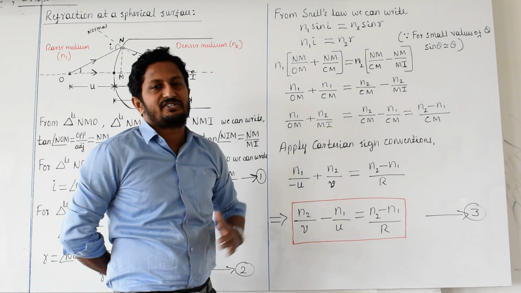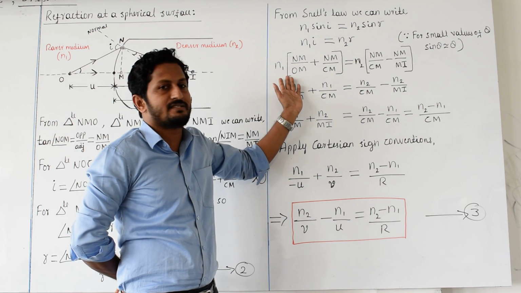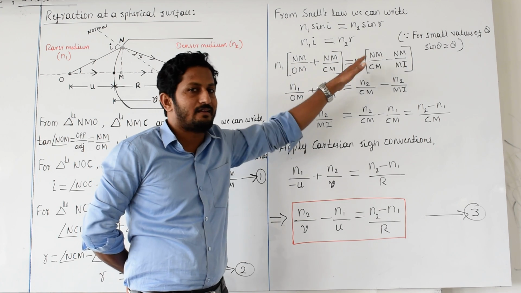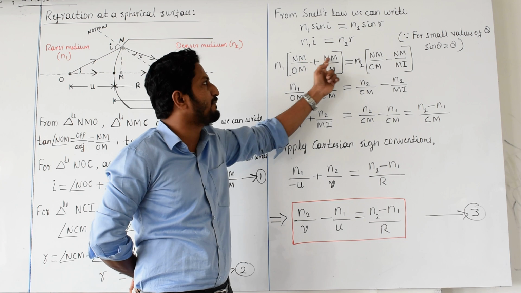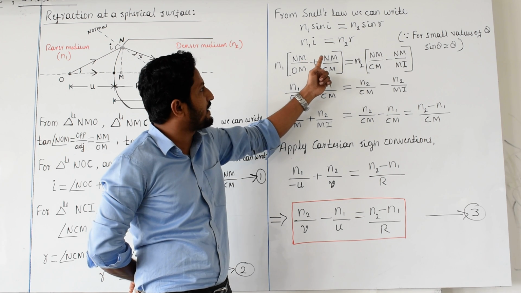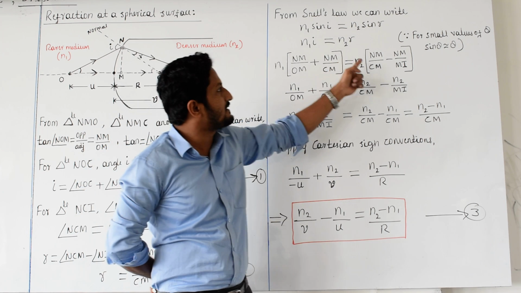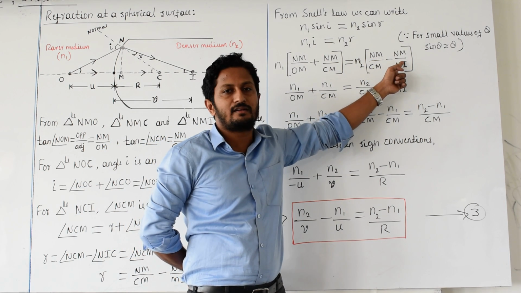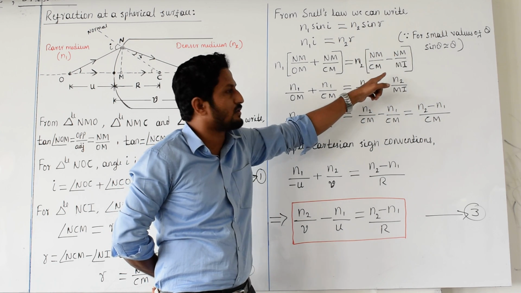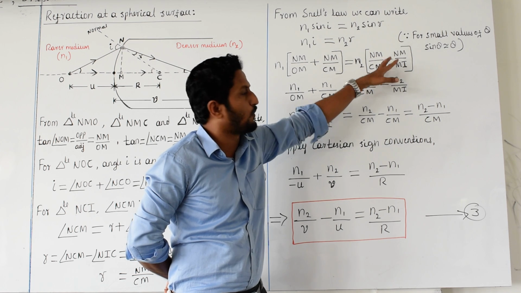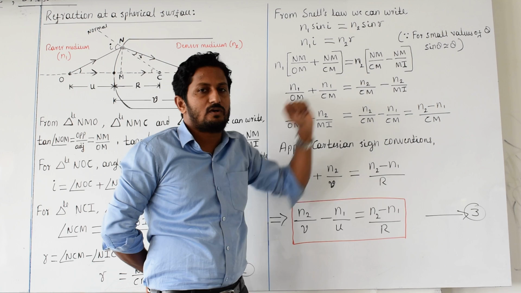Next, simplification. See, look on these two, on the LHS side and on the RHS side. Here in the numerator, NM is there. You can take this as common outside. This side also in the numerator, NM is common. So this side also you can take that NM common in the numerator out of the bracket.